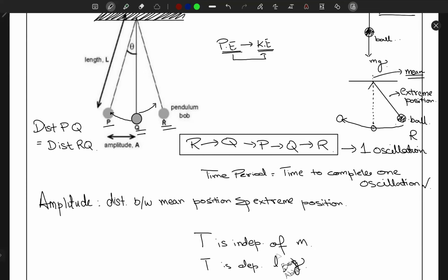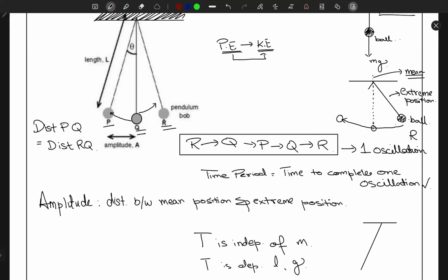Which really means that if I were to do this experiment with a larger string, then the oscillations would be different compared to the oscillations if I were to do it with a smaller string.